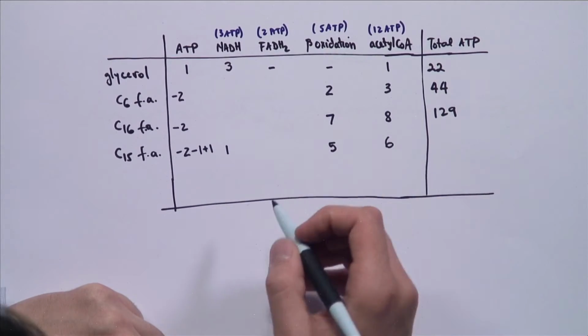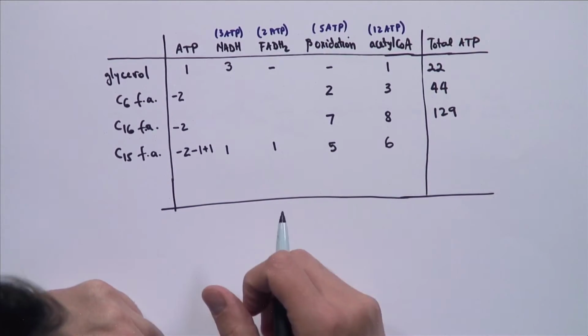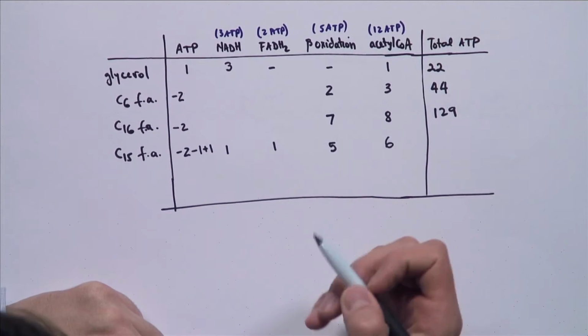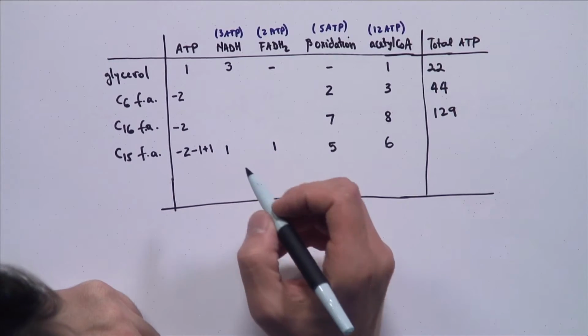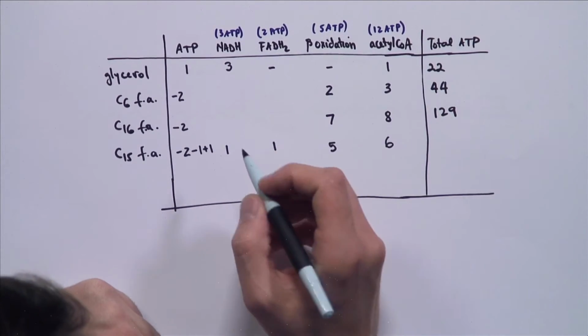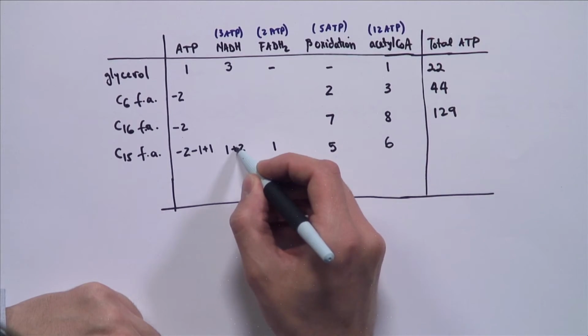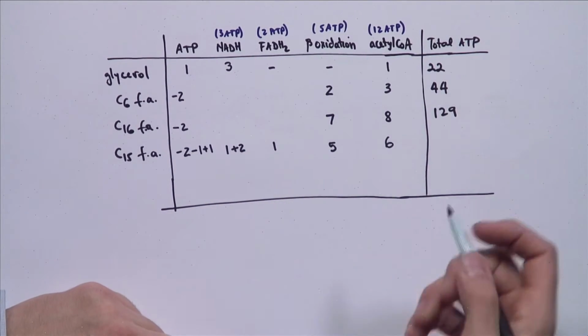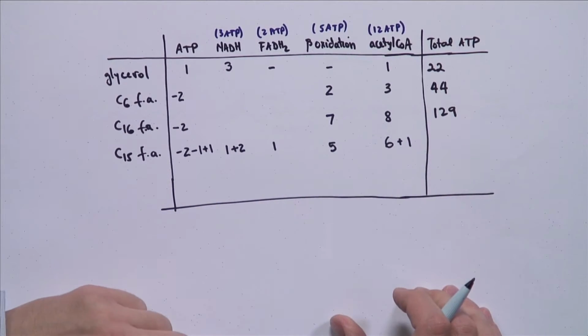Then we're going to get one molecule of FADH2 in going from succinate to fumarate. And then we're going to generate two more molecules of NADH, one at the malic enzyme step and one at the pyruvate dehydrogenase step. So we're going to be +2 here. And of course, in the end, we get one more molecule of acetyl-CoA as well.